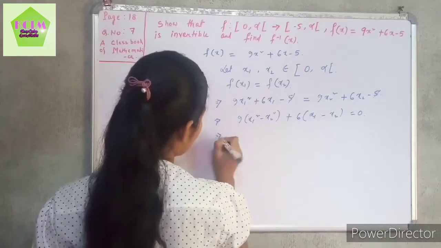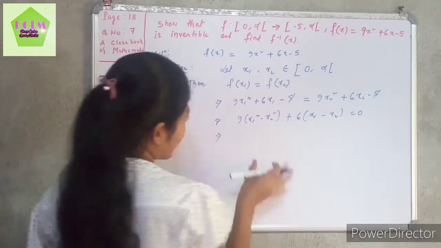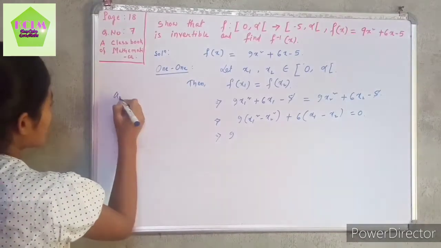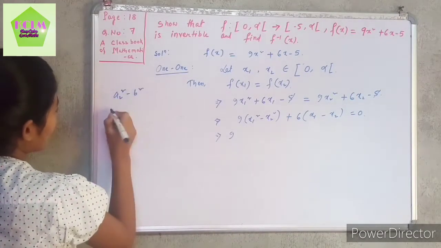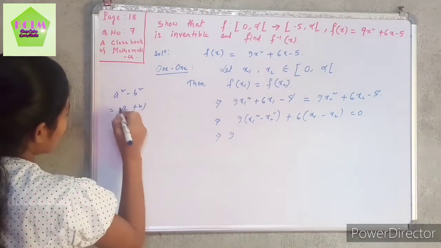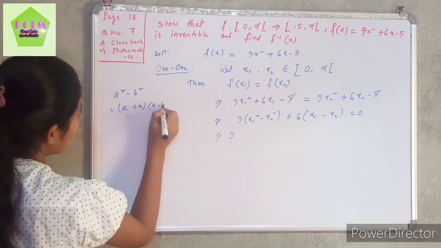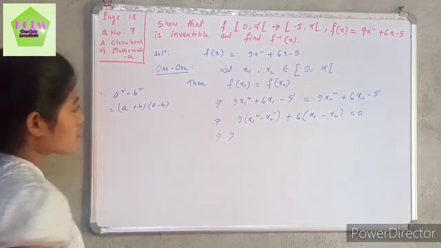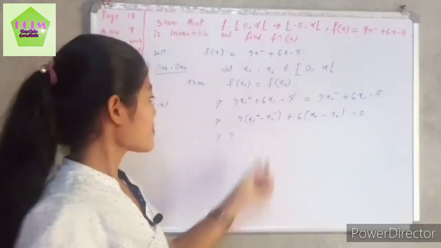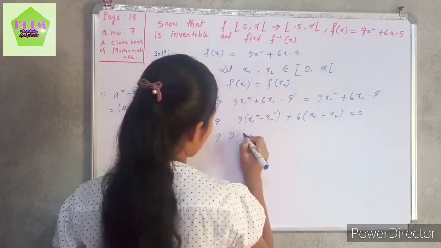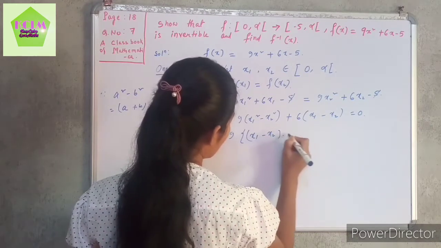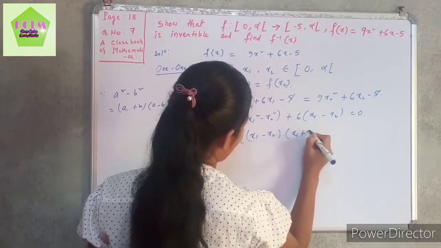So we know that a square minus b square is equal to a plus b into a minus b. So here it is x1 square minus x2 square. If we simplify it, then we get x1 minus x2, and the other one x1 plus x2.